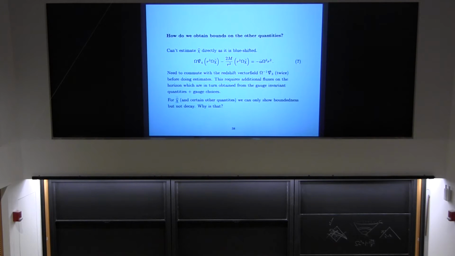Okay, and to get around this problem, you use something that also has a version for the wave equation. Namely, you commute this equation by the redshift vector field 1 over omega d by du. And what you see when you do that is that you will remove precisely this term.